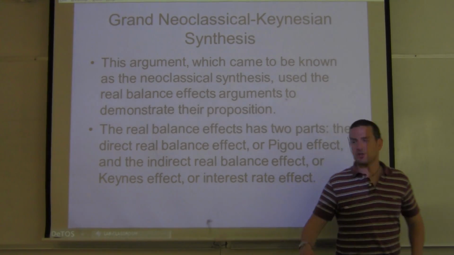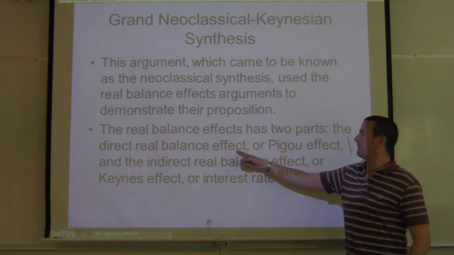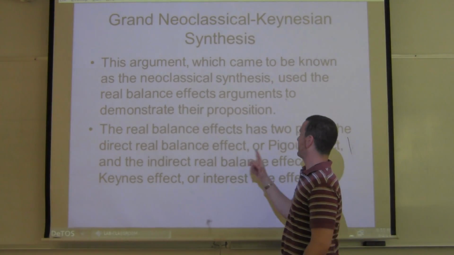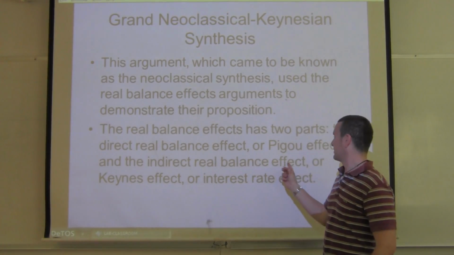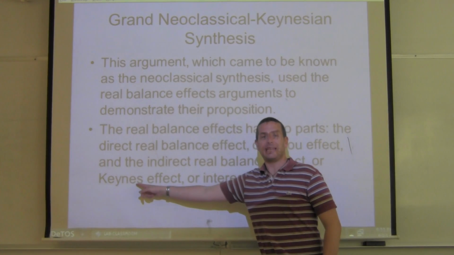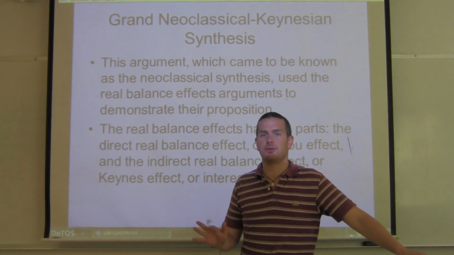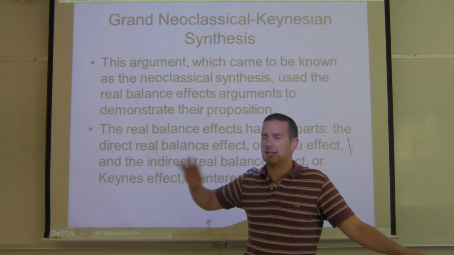So, as I mentioned, the real balance effects have two parts. The direct effect, which is sometimes called the Pigou effect, and the indirect real balance effect, which is known as the Keynes effect. Now, that may seem a little confusing. I don't mean to confuse you. Keynes never said anything about the indirect real balance effect. That's not Keynes.